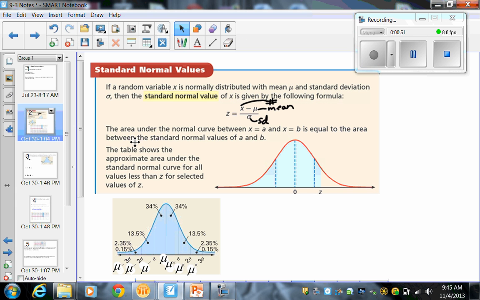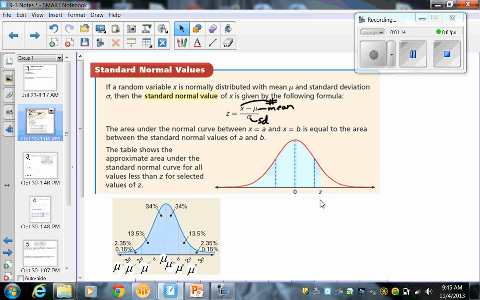The area under the curve between x equals a and x equals b is just equal to the area between the standard normal values of a and b. So what we're going to end up doing is finding a z-score, and remember that the z-score is always the area to the left, so it's always the less than value.